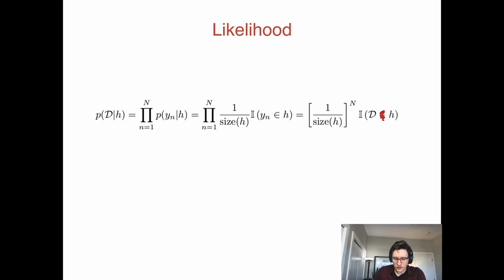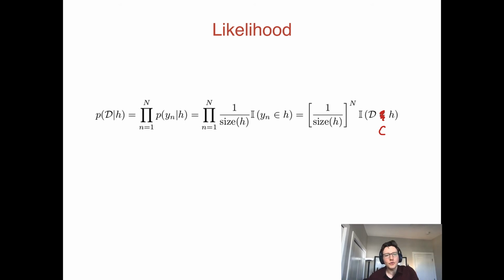I think it's correct to say that D is a subset of H, not D is inside H, because again, D and H are both sets. Now, what is the probability that we see a given set, assuming that all those numbers are within our hypothesis? It's this thing to the power of n, because we see n numbers.